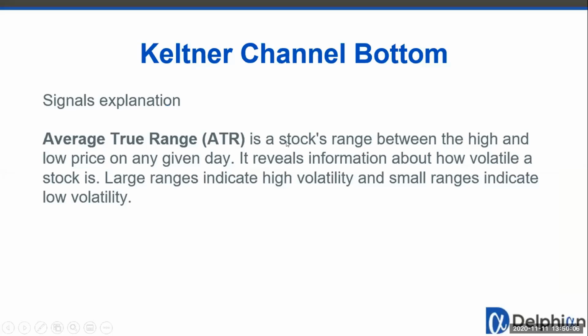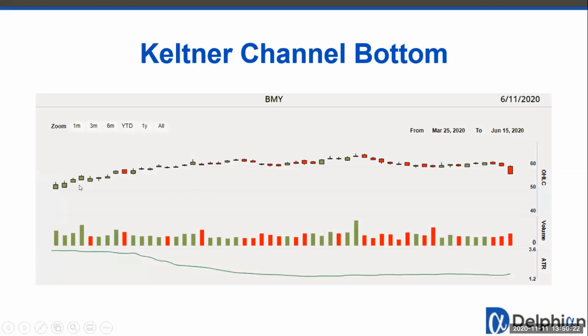So the average true range, the high and low price on any given day, and they take that over a specific period. So if we're doing the Keltner channel for 20 days, it's looking at the average true range over that 20-day period. You can see the more volatile the stock is, the higher the ATR is, and as it gets in this, it's not moving much, it drops way down here.